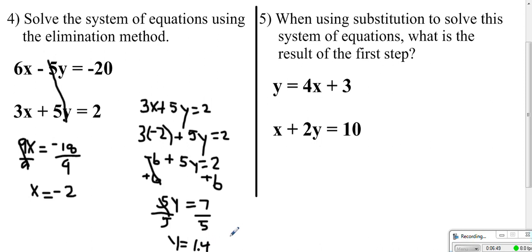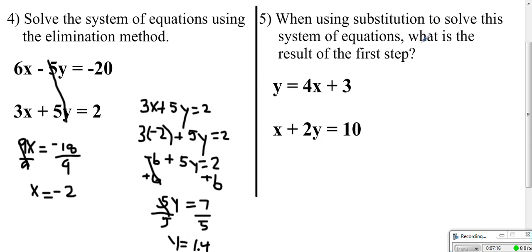And that's it. Remember, you can get decimals when you're dealing with the algebraic method of solving here. I just want to make sure that you know that.